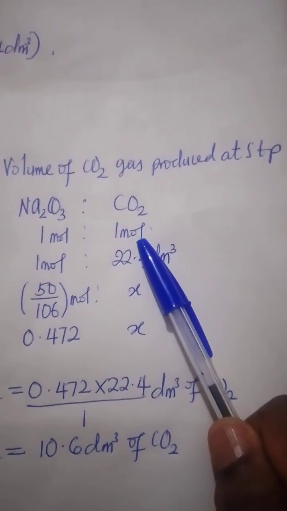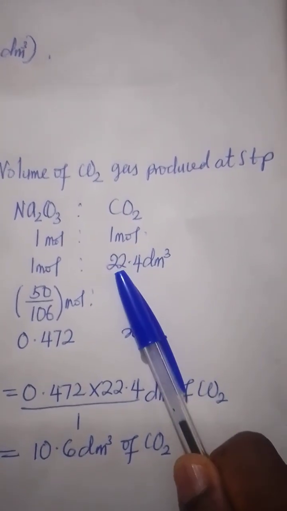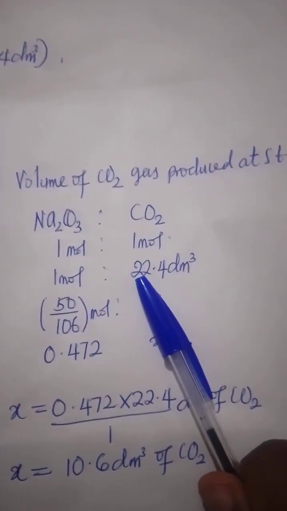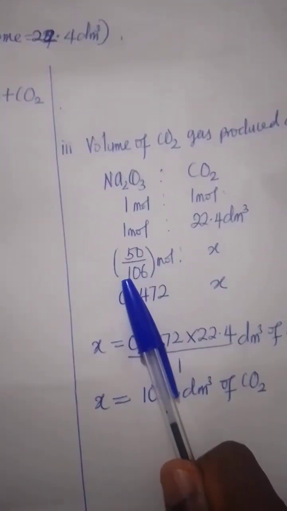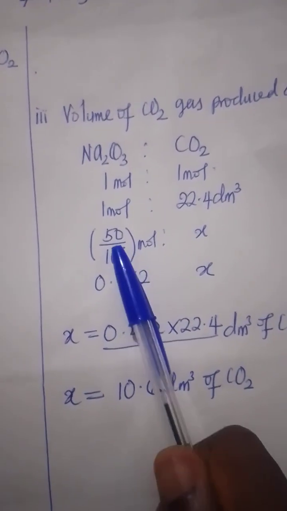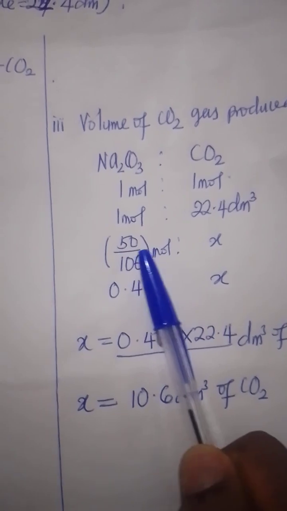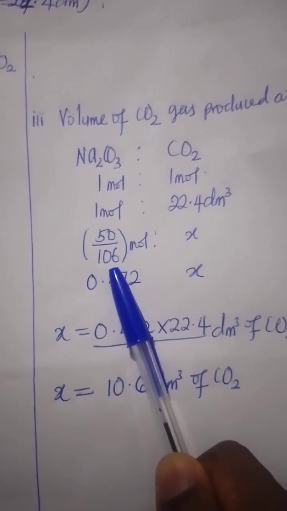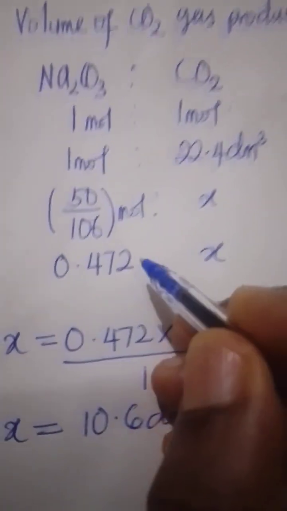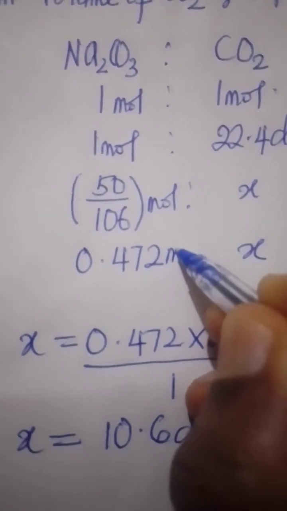So you just multiply the mole here by the molar gas volume, which is 22.4 dm cube, and that will give us 22.4 dm cube. Now, we're not given mole for Na2CO3, we're given mass. So we repeat the same process again. We have to convert the mass to mole by dividing the mass given by the molar mass, and that will give us 0.472 mole.